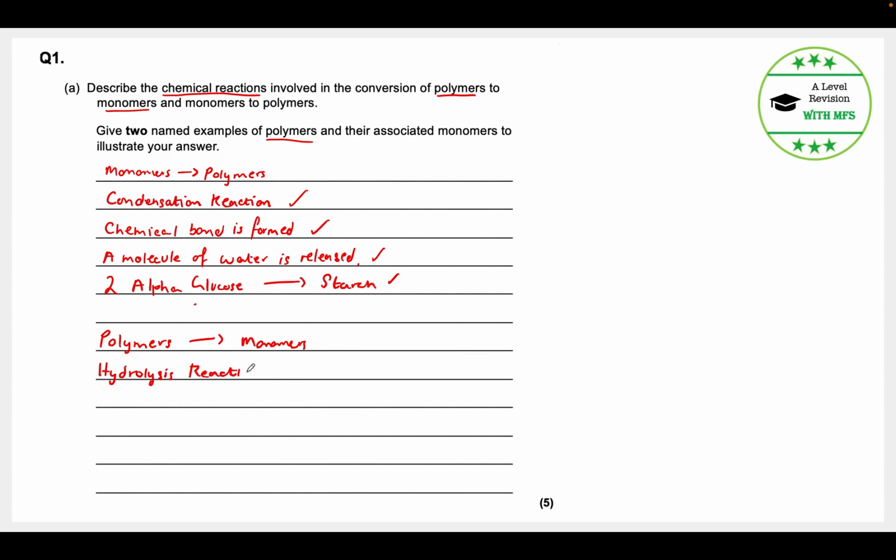And what is a hydrolysis reaction going to do? Well, it's going to use that molecule of water and it's going to break the chemical bond to form our monomers.